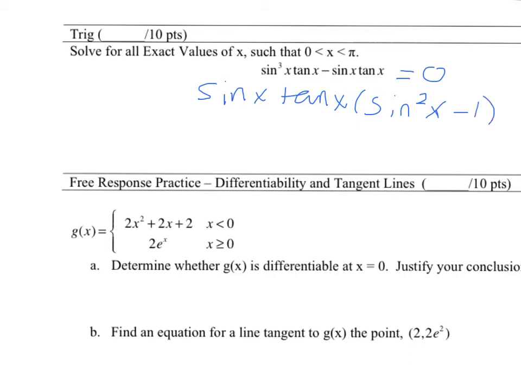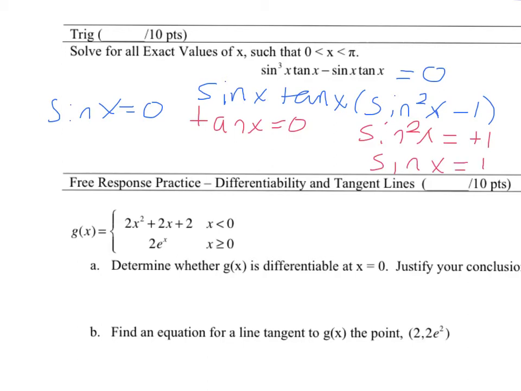This is awesome. So I'm going to have sine x equals 0 from my first part, tan x equals 0 from my second part, and sine squared x equals positive 1 from my third part. Take the square root of both sides, I get sine x equals plus or minus 1.